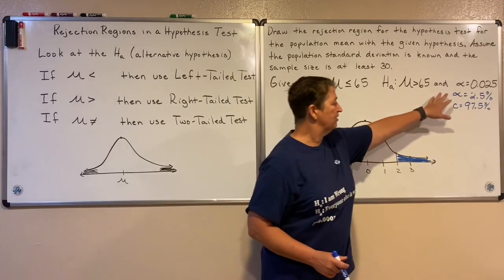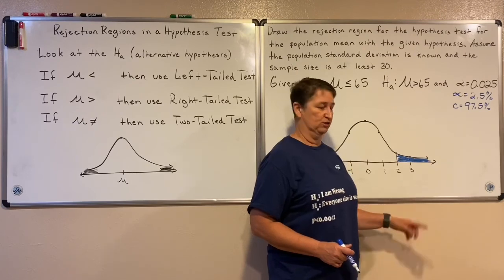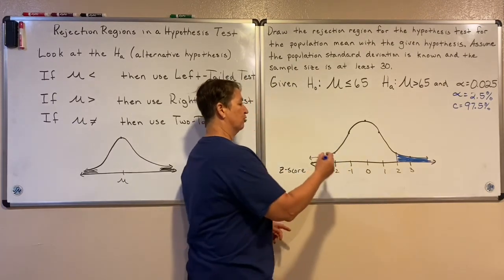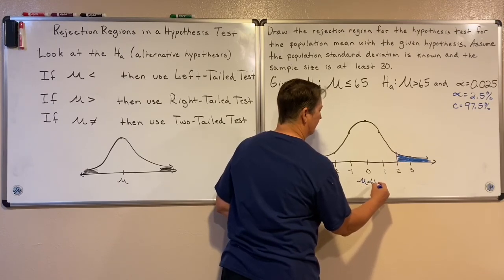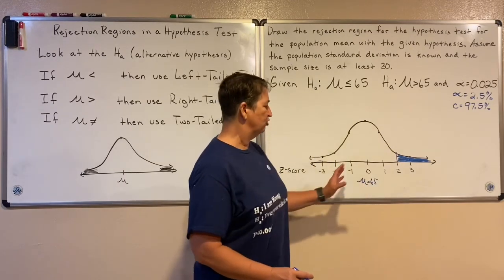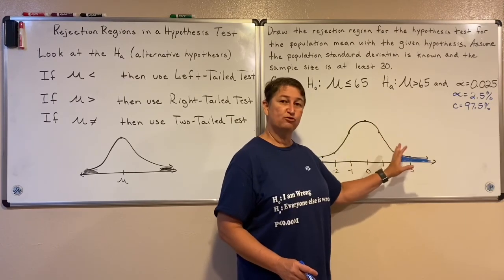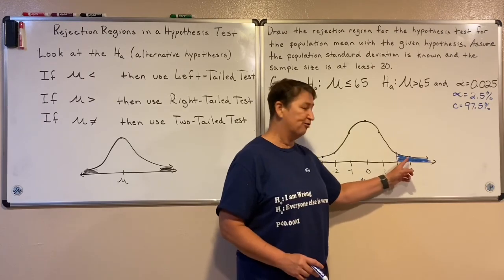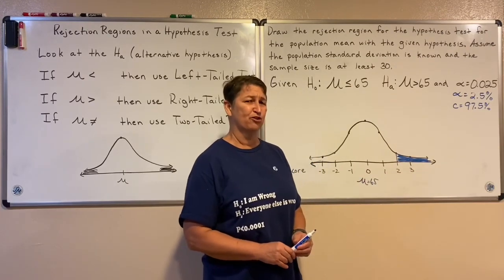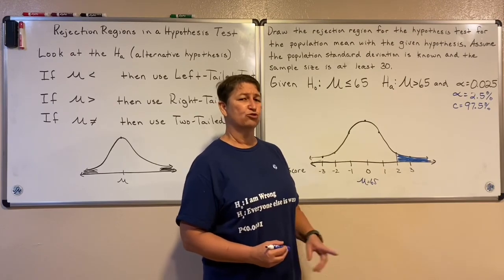So that level of significance tells me that I'm going out 2 standard deviations. So here my mean is 65, and I'm looking for some value that's far enough out there that it's above 2 standard deviations from the mean. And if it falls that far out there, I go, that doesn't happen very often. That's a rarity. There's something weird going on.